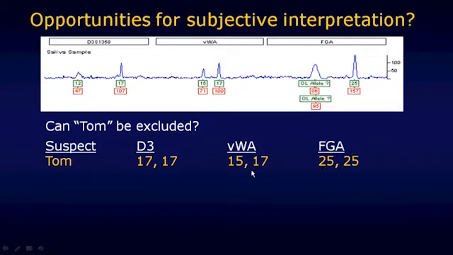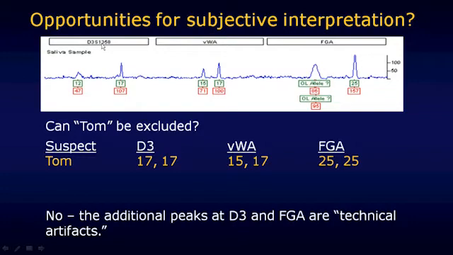There's a 15-17 at VWA, again, a good match to suspect Tom. And we see here a 17 that he could have been the source of and a 12 that might have been just a technical artifact, a bit of noise associated with the background. So at the end of the day, the question that we're asking is, can Tom be excluded as a possible contributor?